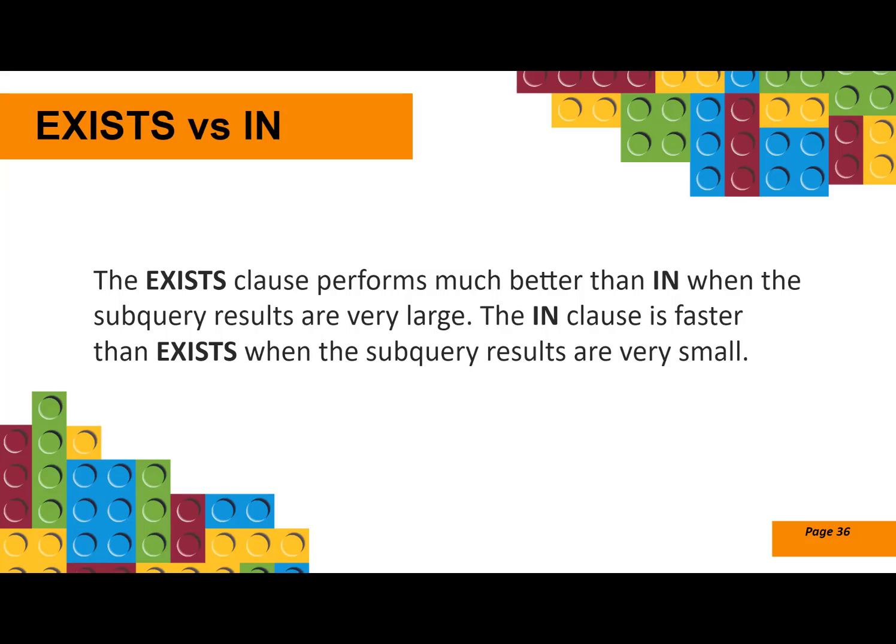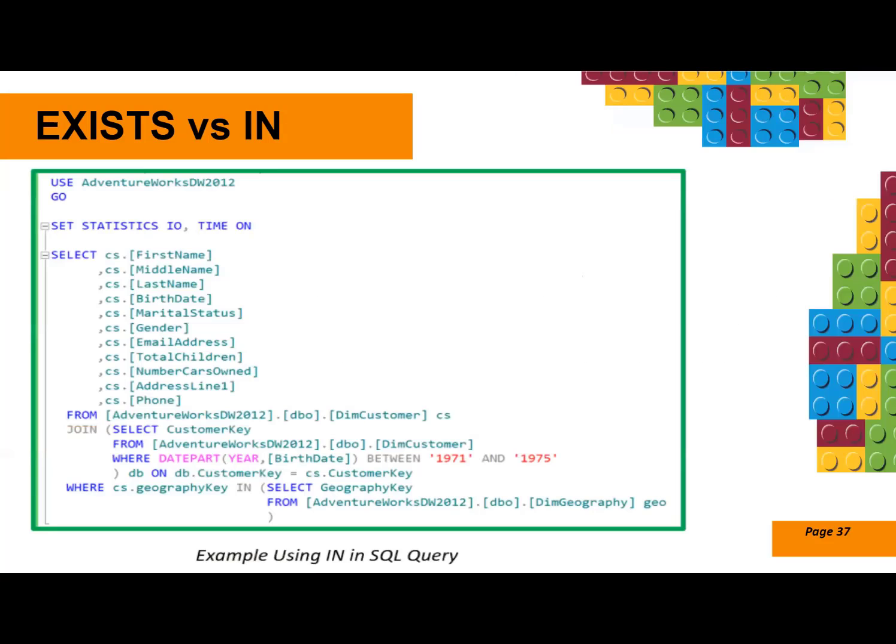The exist clause performs much better than in when the subquery results are very large. The in clause is faster than the exist when the subquery results are very small. So again, it depends on the scenario. There is no true and false questions using exist versus in.